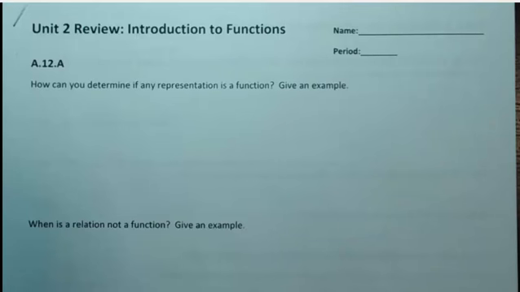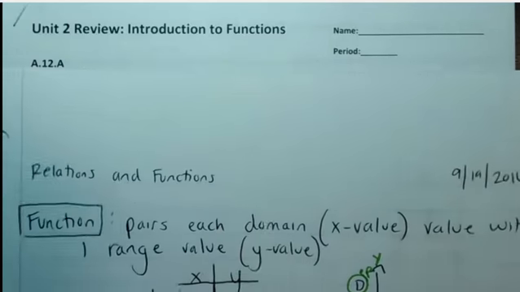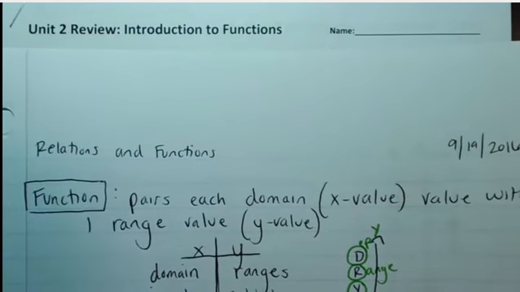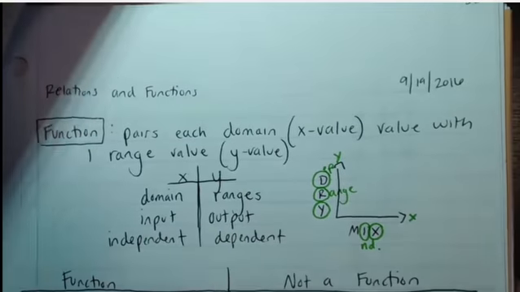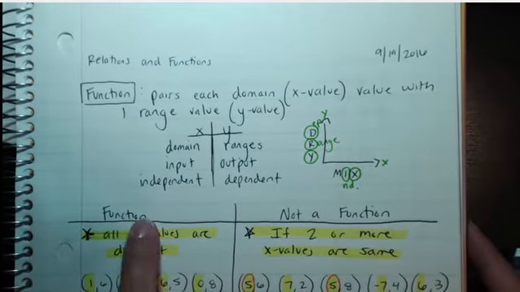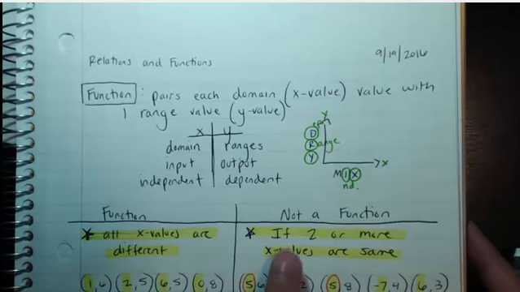So what I am going to do is look through my journal and figure out where this information is located, so that will help me study. We're talking about how you determine if it's a function or not. So I know this is talking about functions, so I'm going to go look at my page that says relations and functions. As I'm looking here, it says a function is when all the x values are different.